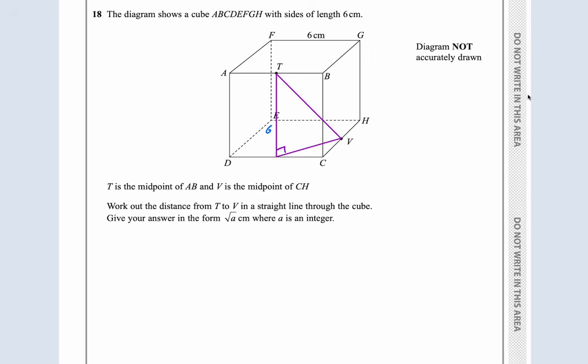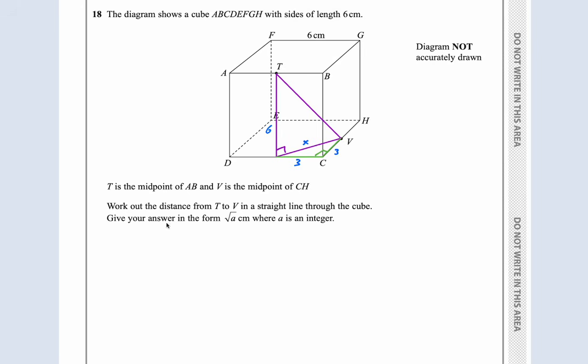This length is 3. And this length is 3. So let's actually maybe look at this. Okay, I can see how we can figure this out, guys. This isn't too hard. This is also a right angle triangle. If we can find out this length here, let's call it x, using Pythagoras, then we can find out this length using Pythagoras. So actually, I don't think this question is too bad.